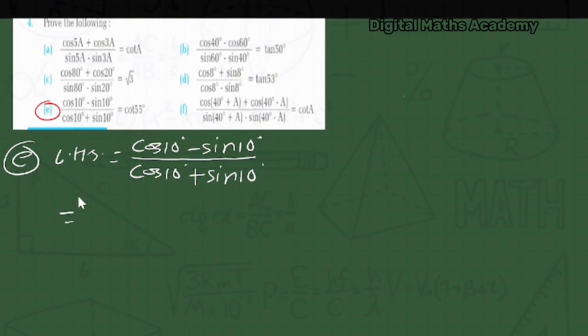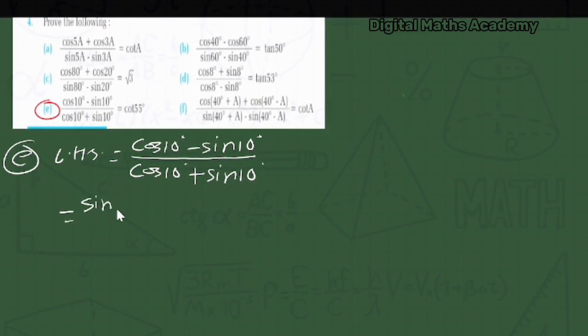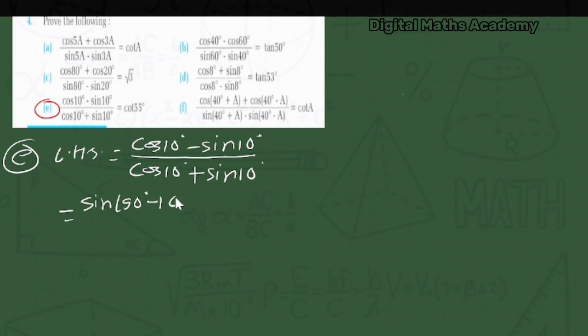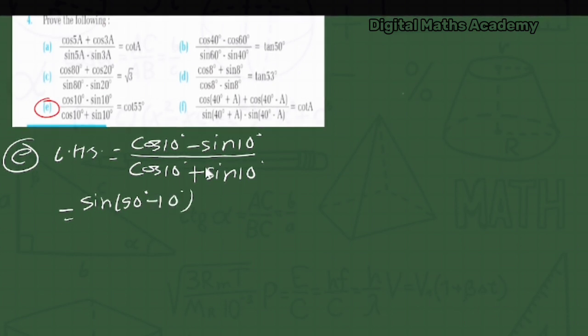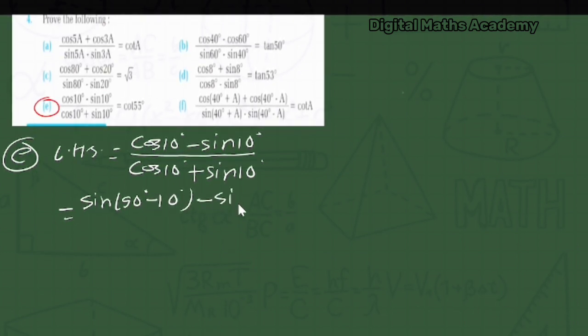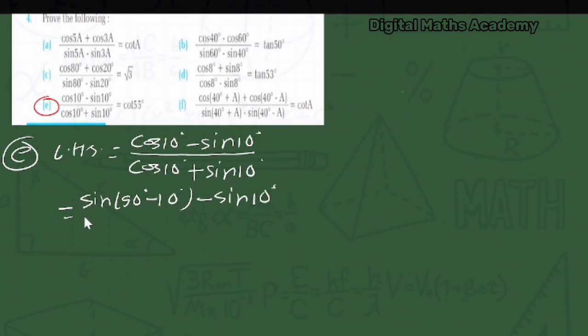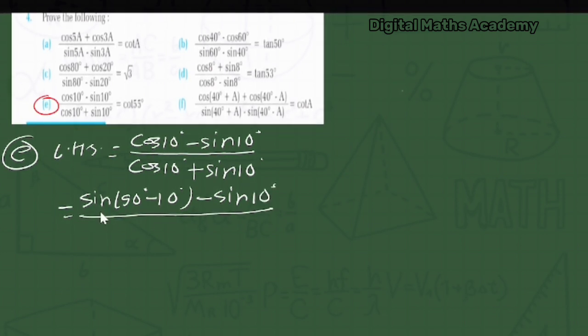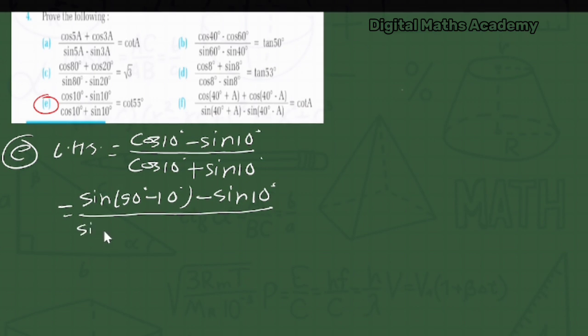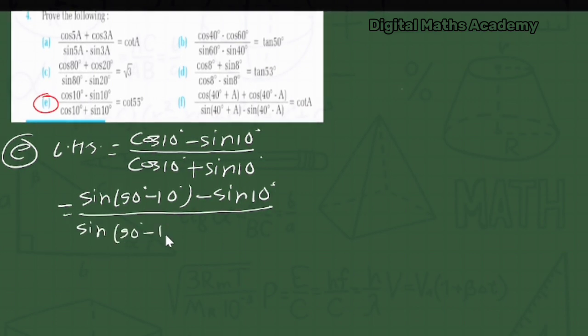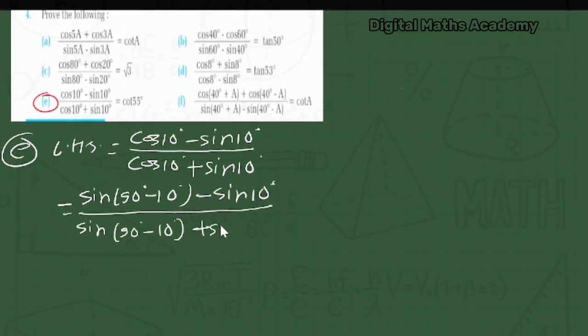So we can write cos 10 degree as sin of 90 degree minus 10 degree, because sin of 90 degree minus theta equals cos theta. And the next part, sin 10 degree as it is. Here at the denominator, we can write sin of 90 degree minus 10 degree plus sin 10 degree.